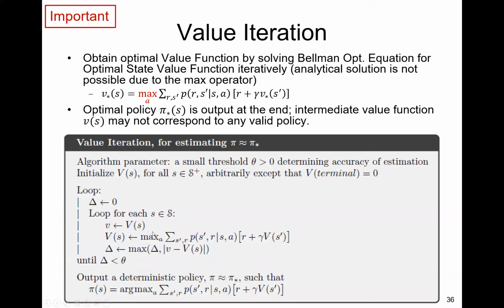Now we're looking at the max over A, over the possible next state and reward. This is Q(S, A).